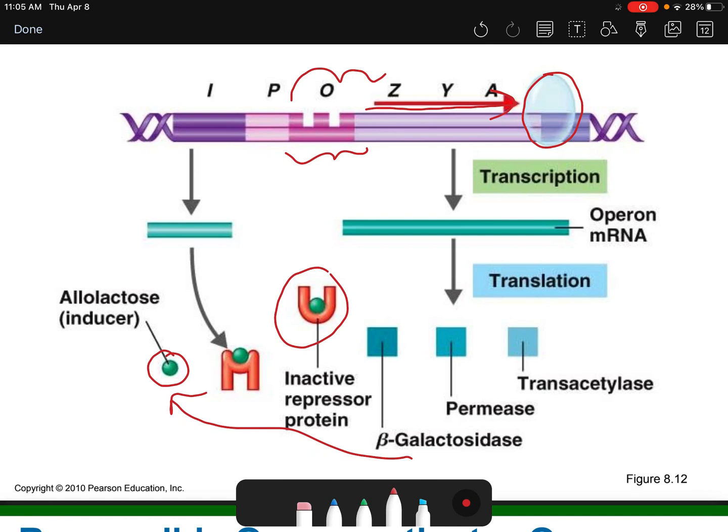And once those enzymes break down the lactose and it disappears, guess what? Then this repressor protein can go right back up there and block the way, because if we don't have any lactose present, we don't need to have any of these proteins being made.